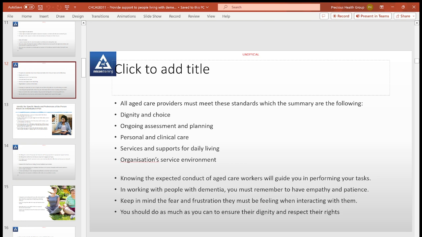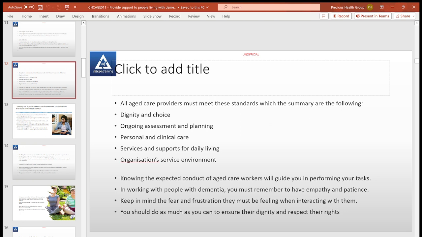Personal and clinical care. This is also associated with declining. What are the personal care and the clinical care we are going to be providing? Maybe we need to get them more medication to be able to support their emotion better. This is an example. Services and support for daily living.